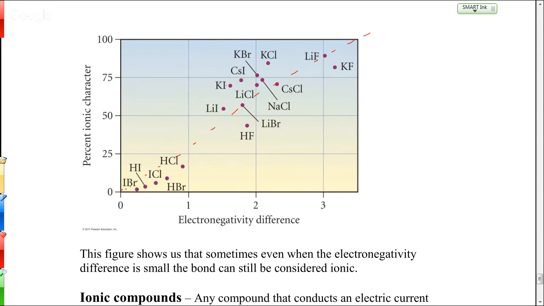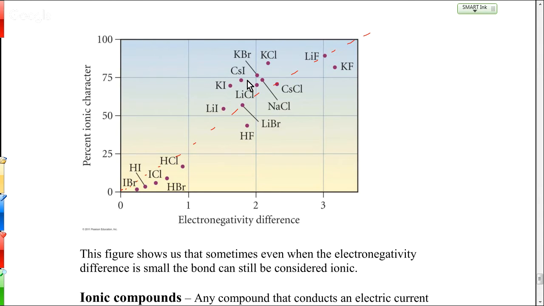There are materials like HF that have a pretty large electronegativity difference, but actually are not really ionic. And then there are things like some of these salts, like cesium iodide, which has a lower electronegativity difference than HF, but is really ionic.